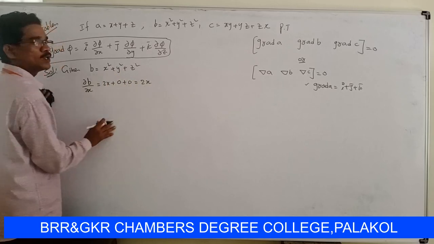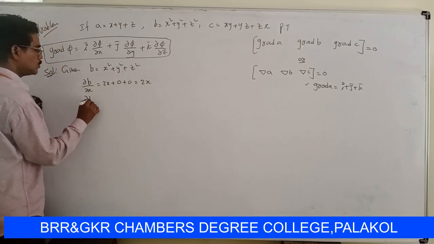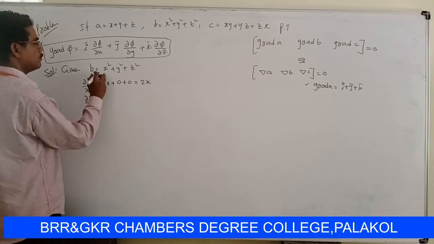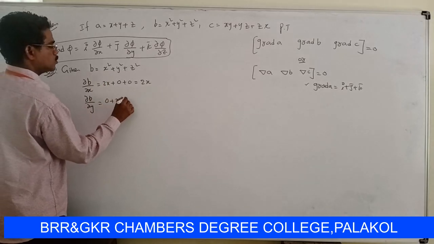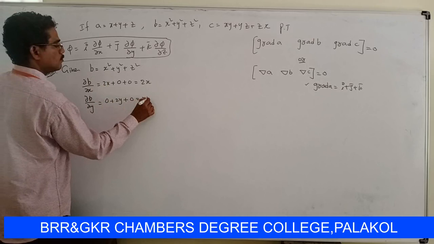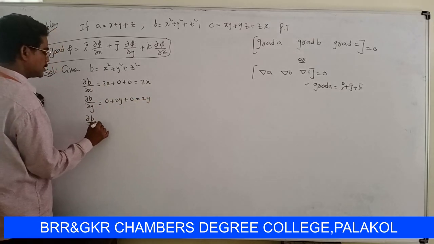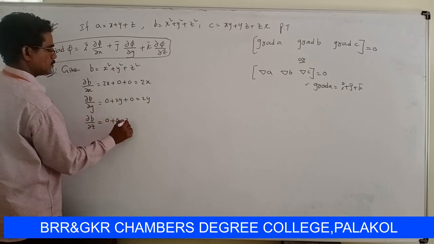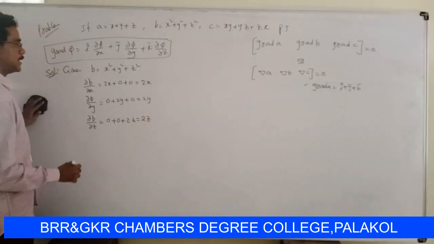So finally 2x. Next dou b by dou y. With respect to y, x 0, y square means 2y, z 0, finally 2y. Next dou b by dou z. With respect to z, x 0, y 0 plus z square means 2z. So finally this is 2z.